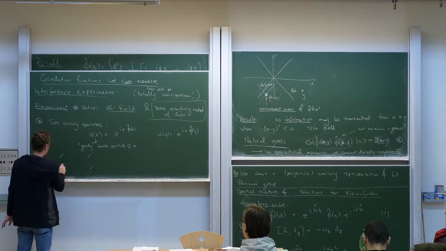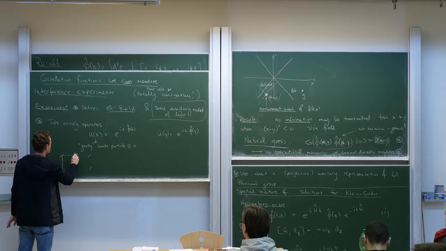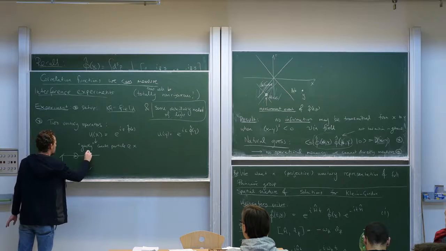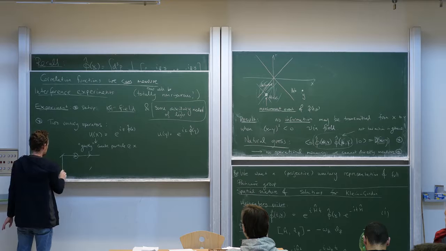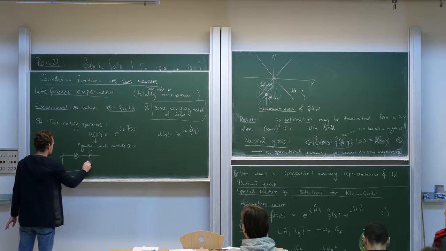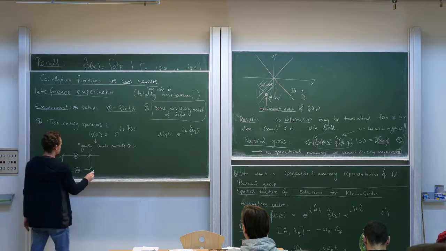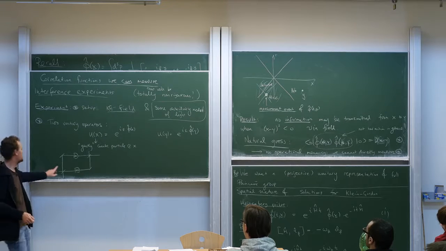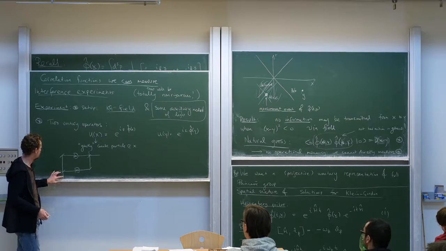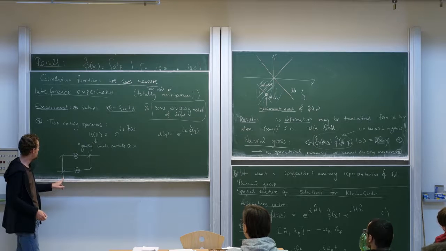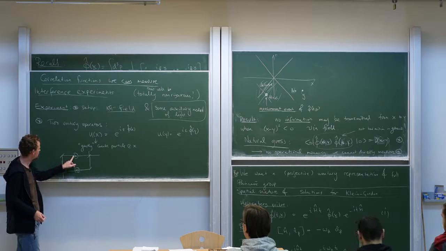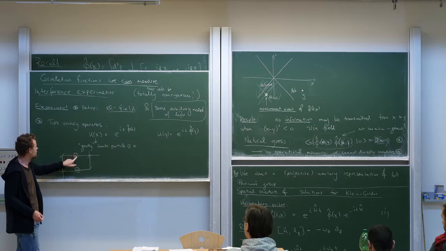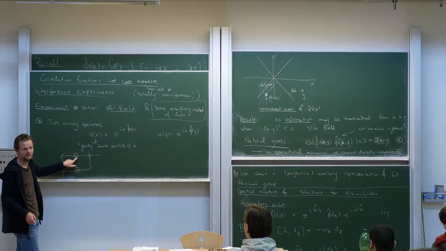We have some field of light here, and if the particle or the photon goes through this branch of the interferometer, then conditioned on the particle going through this branch, you gently create a particle at space-time location x.